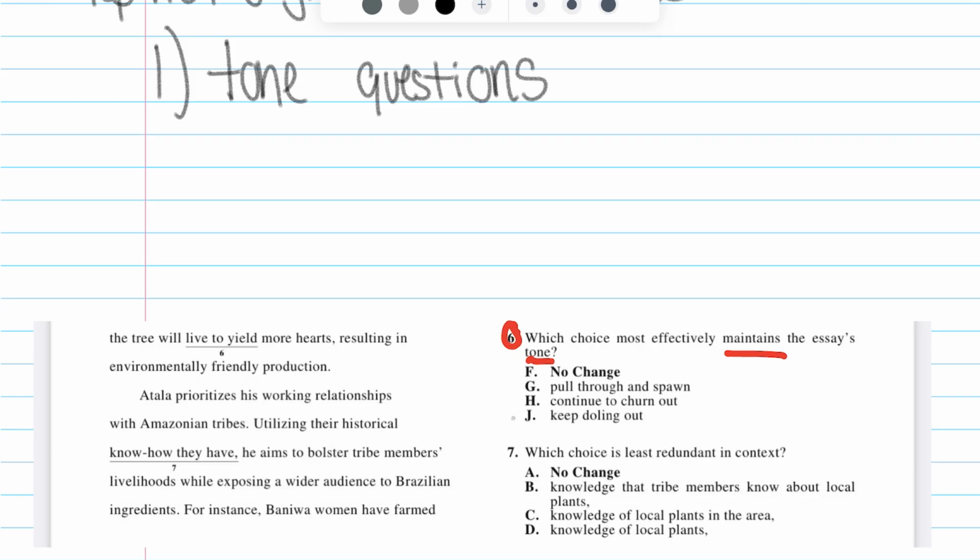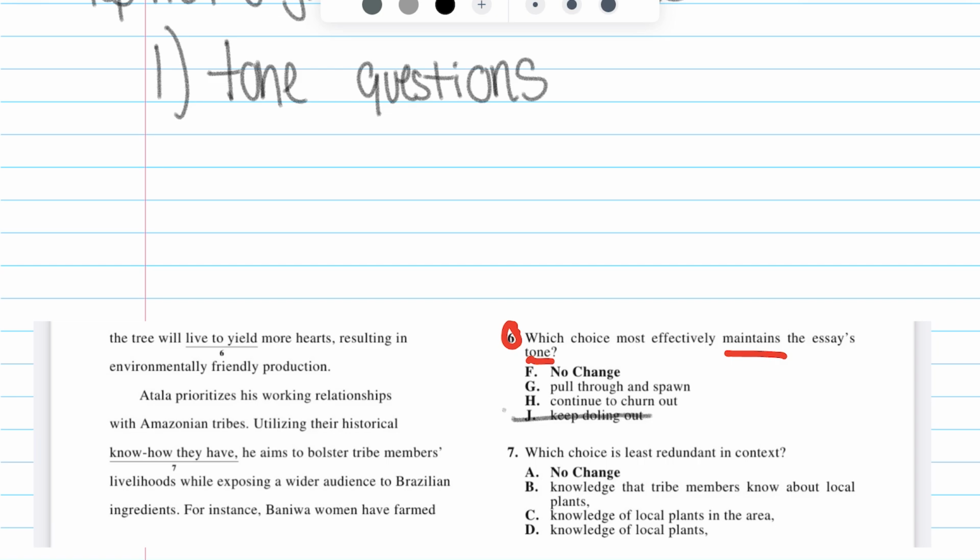The examples they give are live to yield, pull through and spawn, continue to churn out, or keep doling out. If you don't know all these words, that is okay. Start by eliminating the ones that sound a little less fancy. If you look at J, keep doling out, that's like you're talking to a peer, so you would eliminate that one.